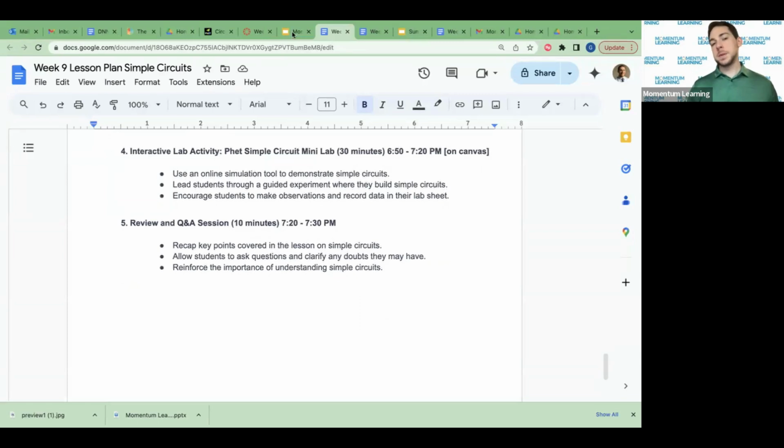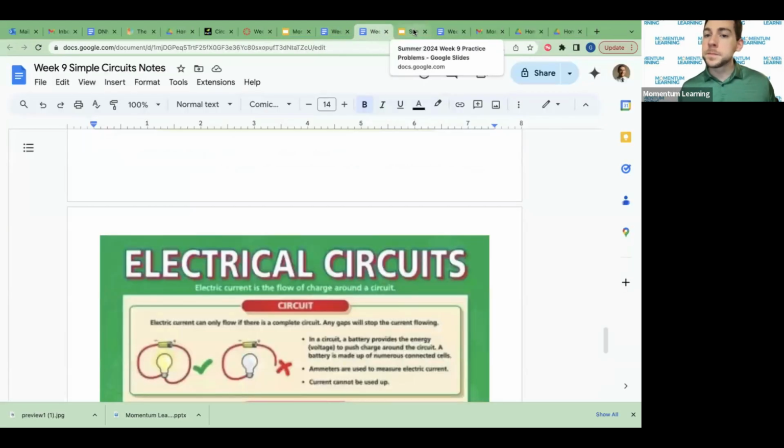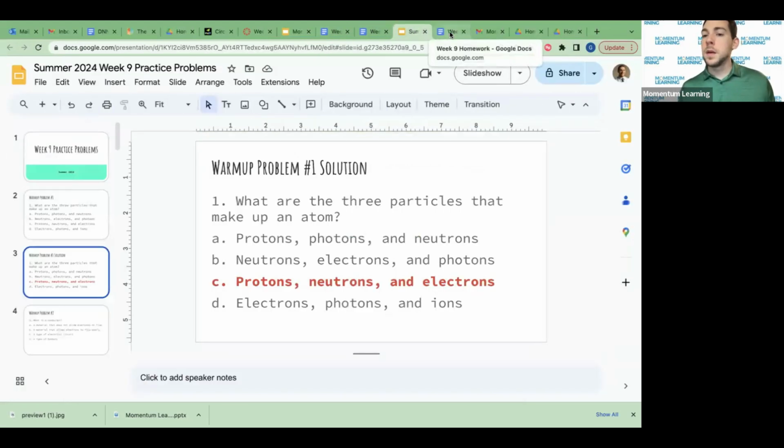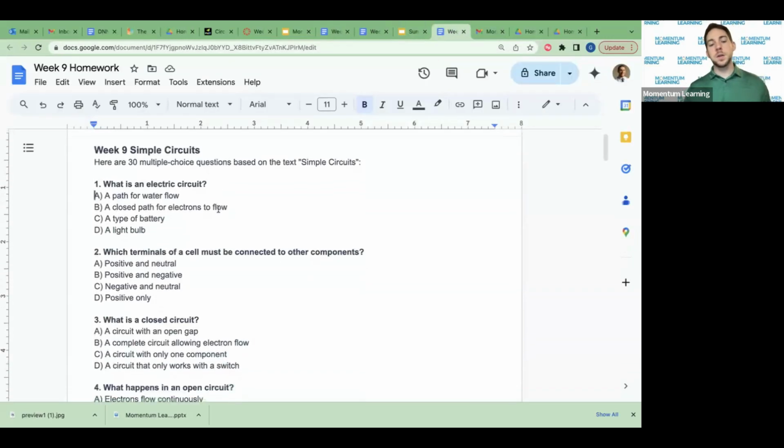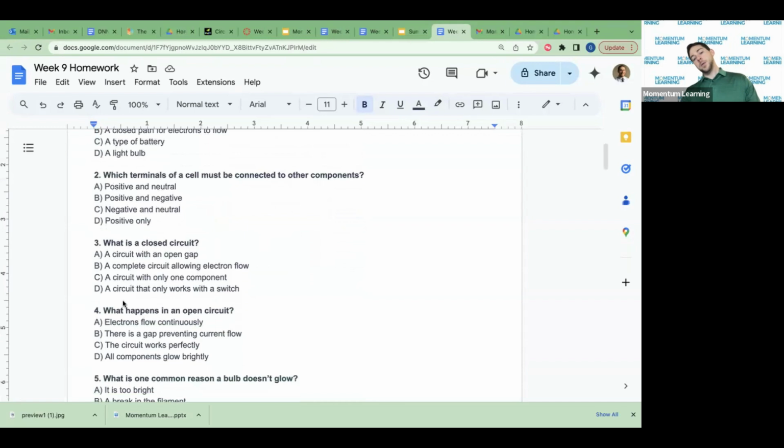And sometimes, depending on how long the lab runs, I'll allow students to start the homework and ask questions as they go. That way they're able to get some help when they're working on it. Like I said, the homeworks are usually about 30 multiple choice questions.